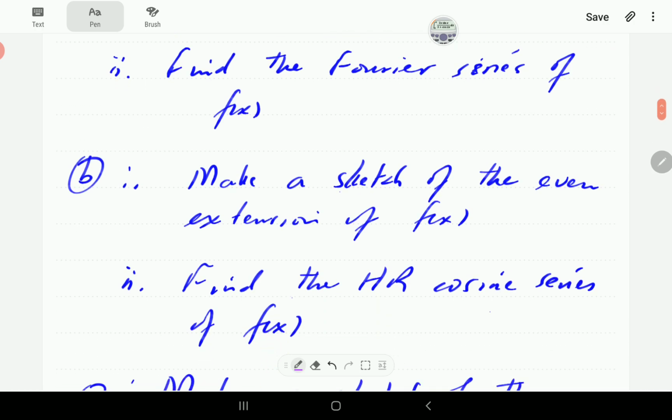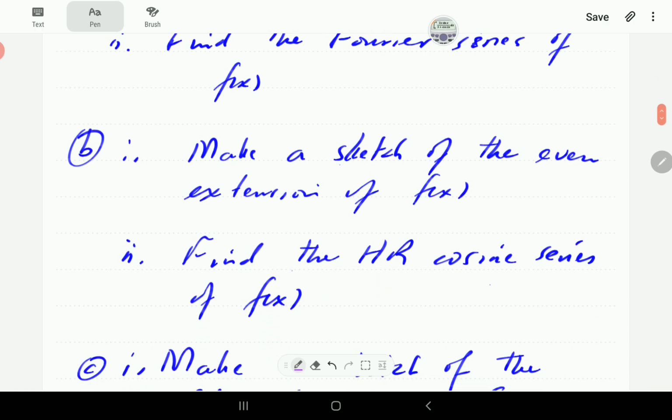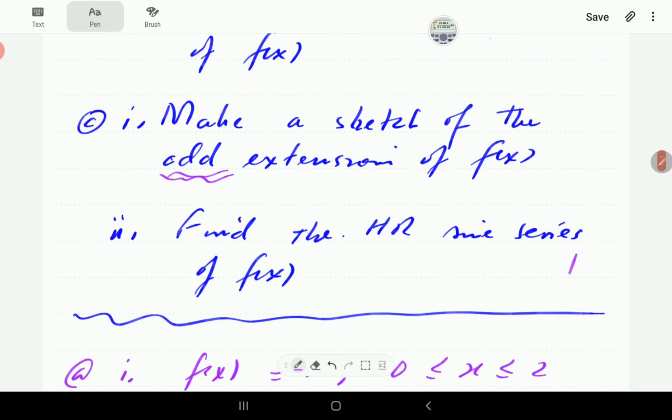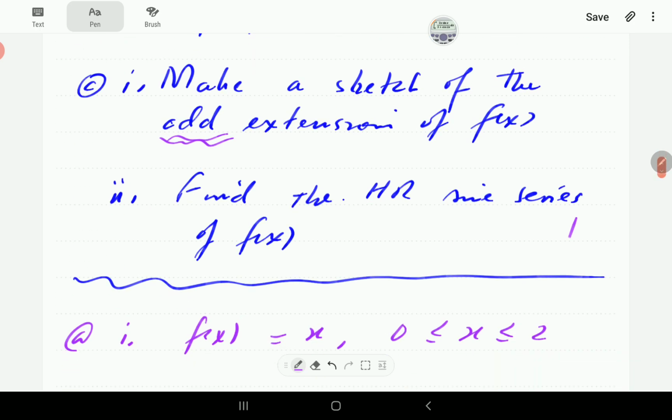In part B, we're going to make a sketch of the even periodic extension of the function, and the corresponding series is the cosine series. And lastly, for the same function, we're going to find an odd periodic extension, and associated with that is the sine series.